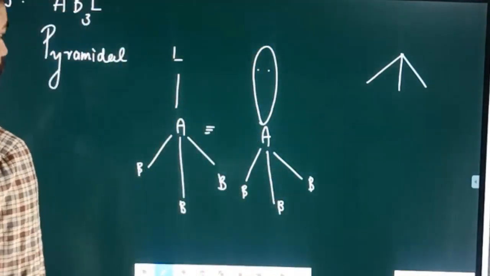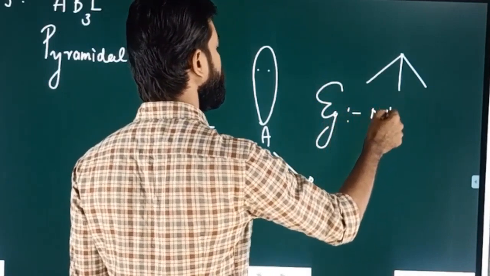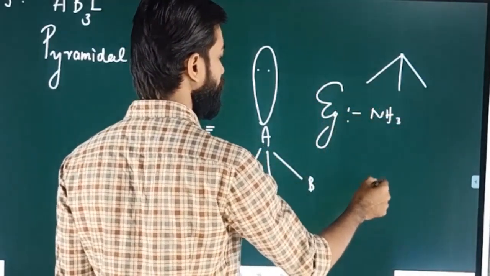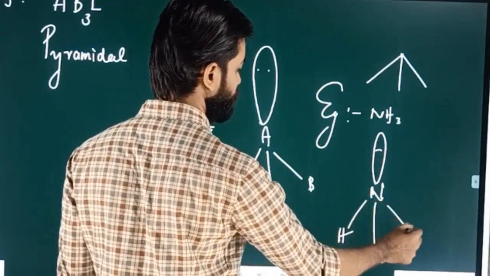That's why it is called a pyramidal shape. A well-defined example here is NH3. If you are considering ammonia, the pyramidal shape will be like this.